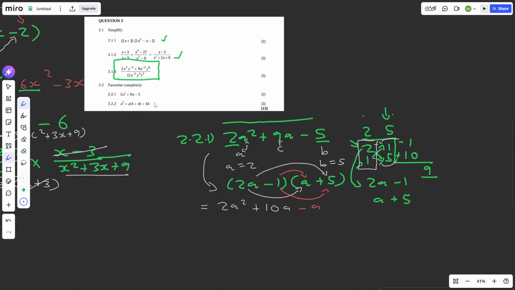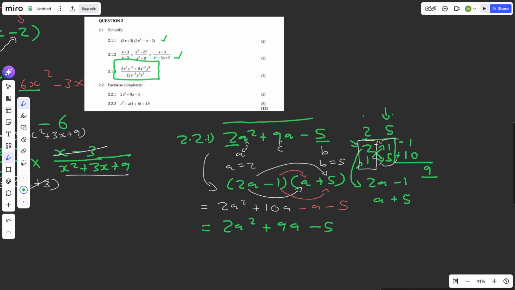Minus 1 times 5 is minus 5. Okay? So now, if we simplify this, what do we get? 2a squared plus 9a minus 5. So this approach might be taking a bit of time, but once you practice through a few of them, it will then become second nature. Okay, and you'll be able to do it quicker.